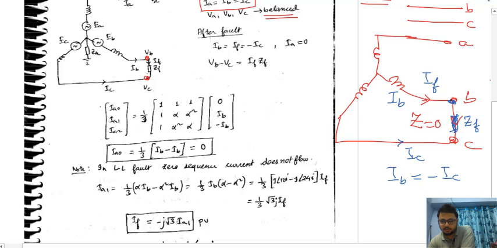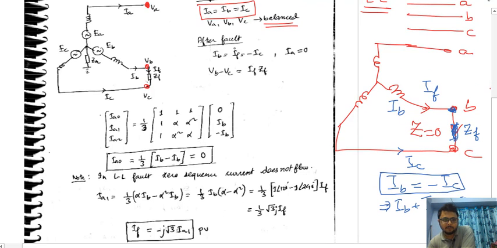If I consider a node, IB plus IC equal to 0, so IB is equal to minus IC. Is this step clear? So after the fault, IB is equal to IF, equal to minus IC.